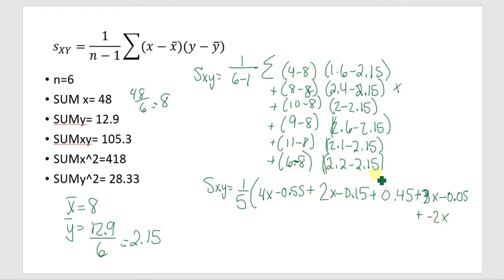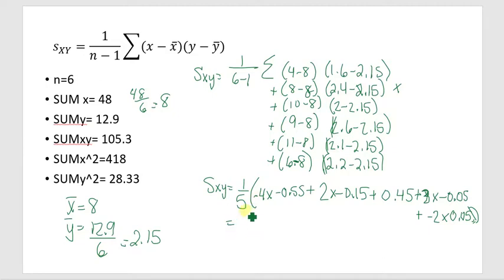Times 2.2 minus 2.15, I get 0.05. Okay, and sorry, this 4 minus 8 was negative 4.